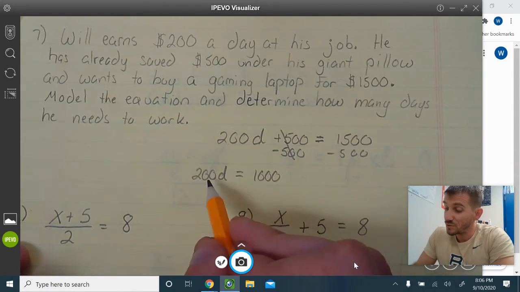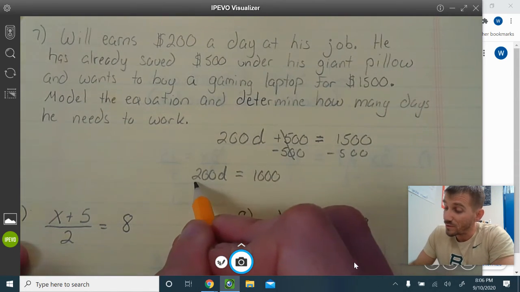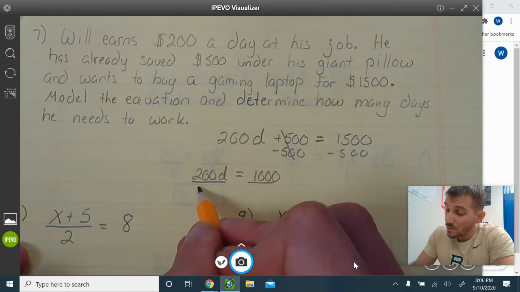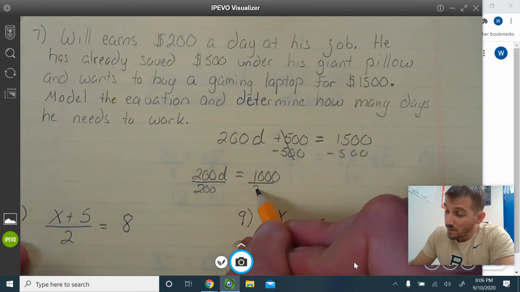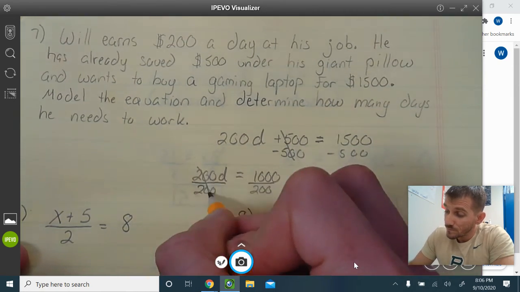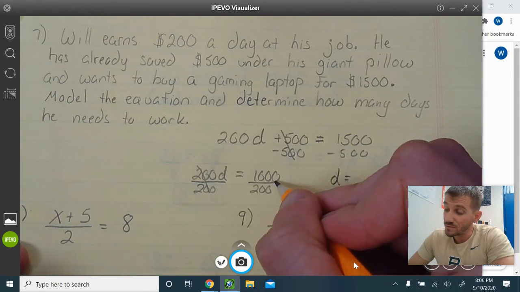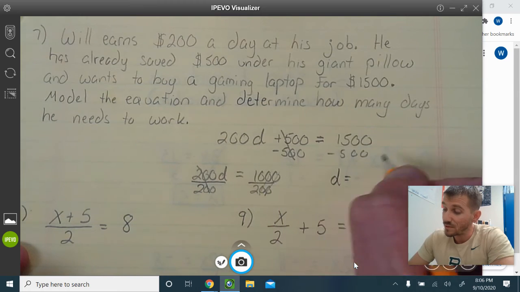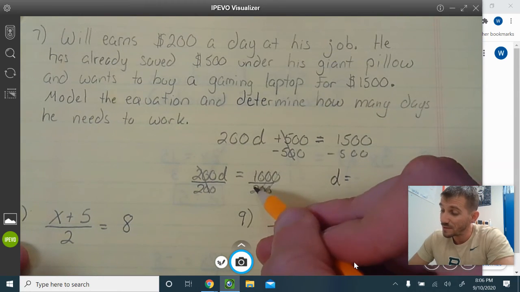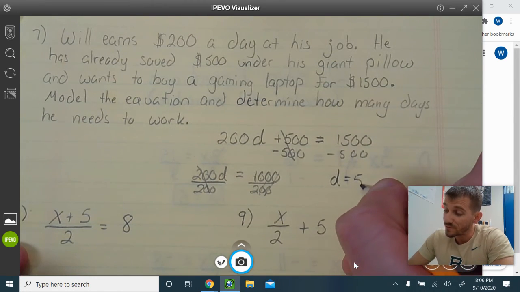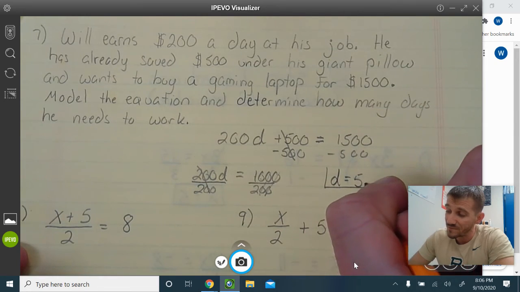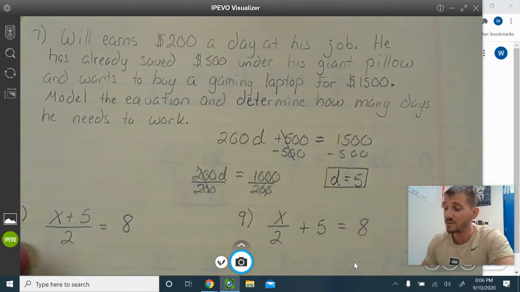Final step, 200 times D. We can get rid of that with division. Final answer, D equals, if you didn't know this, you can cross out some zeros to make your life easy. What's 10 divided by 2? It is in fact 5. He must work 5 days to be able to buy his laptop.